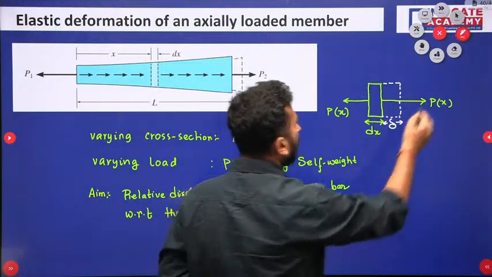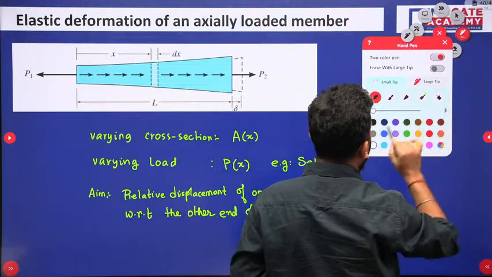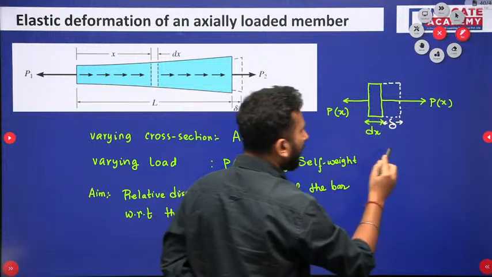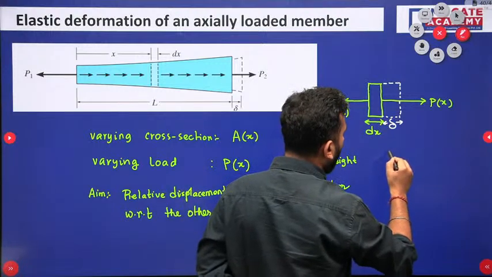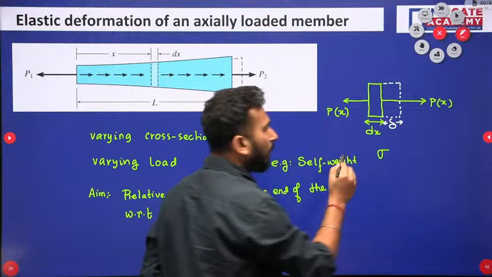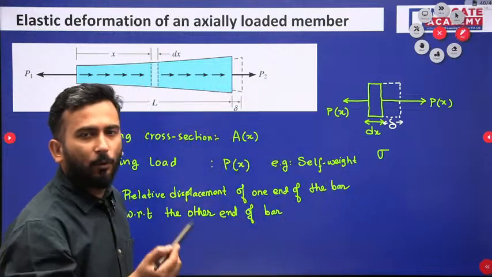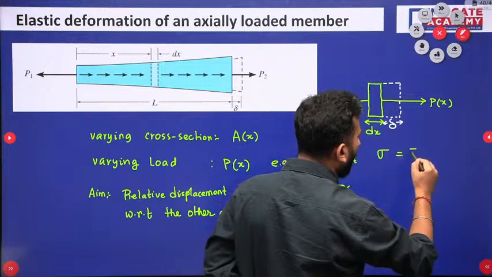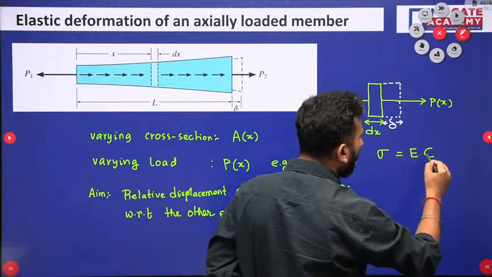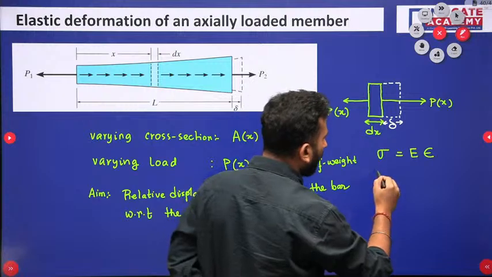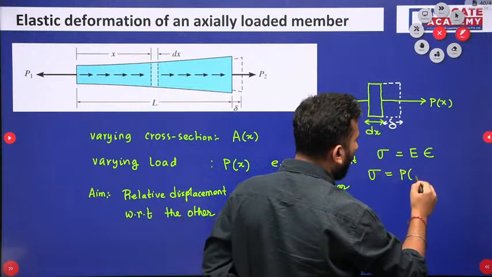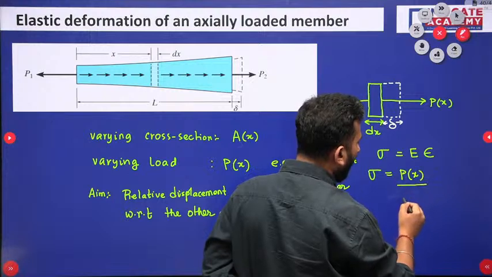So for this element I can write what? If the loading is within proportionality limit, I can write sigma is equal to Young's modulus into epsilon, and also I can write sigma is equal to P of x divided by A of x.